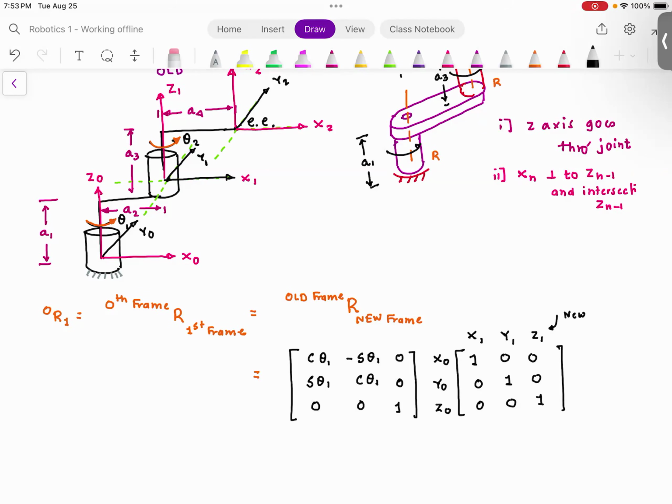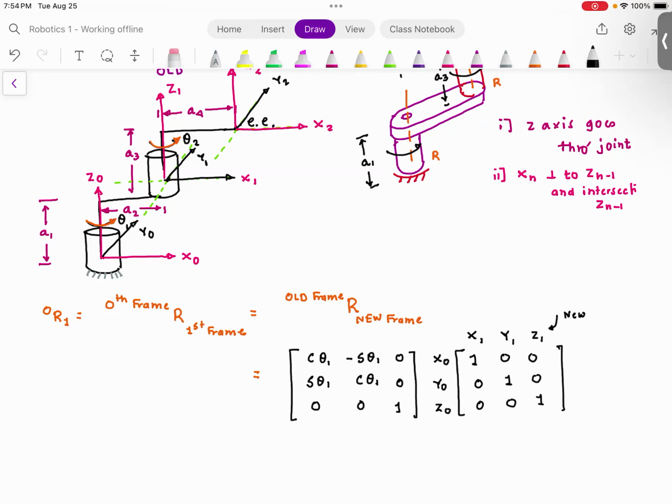Now remember, when we were identifying the coordinate frame, we had an option. We could have assumed x1 going towards right, or we could have assumed x1 going towards left.